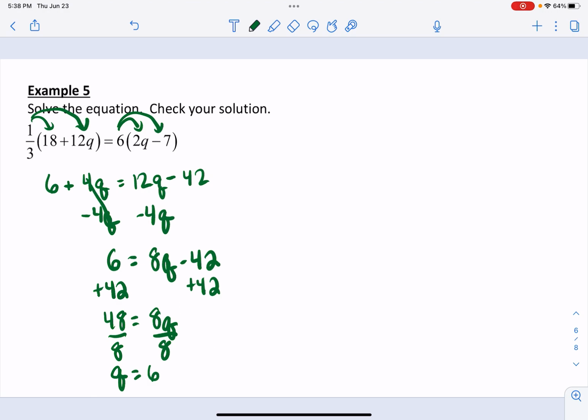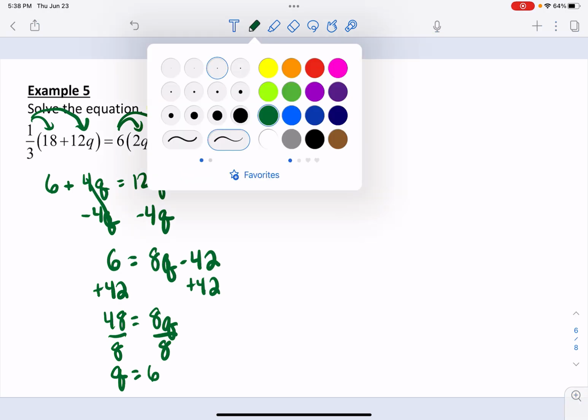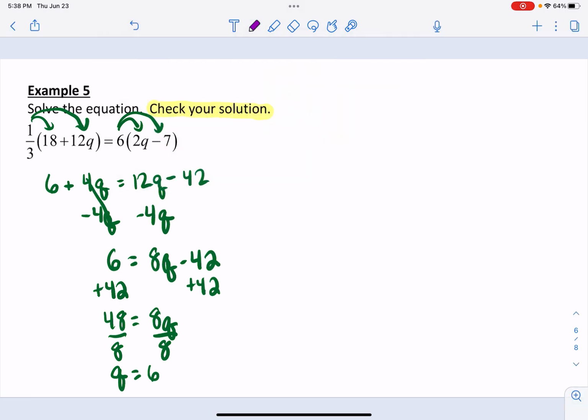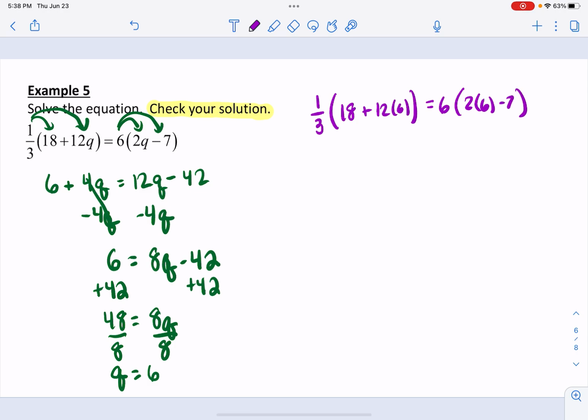So now they tell me to check my solution. So you need to make sure you check your solution. Let's find a fun color to check our solution in. Check it in purple. So I have 1/3 of 18 plus 12 times 6. Is that equal to 6 times 2 times 6 minus 7? 1/3 of 18, I was thinking about the 12 that I have to multiply to the 6.